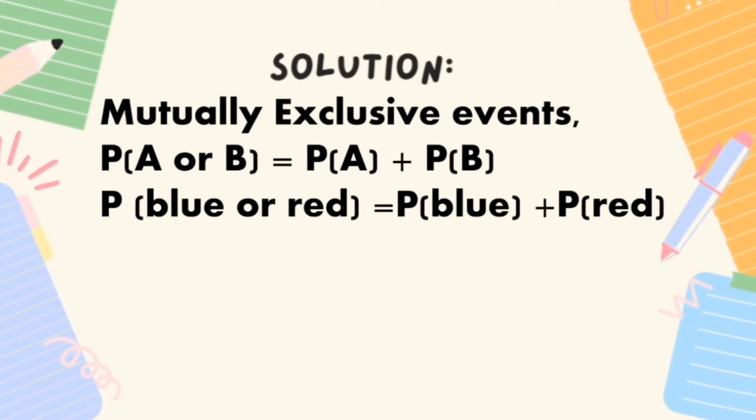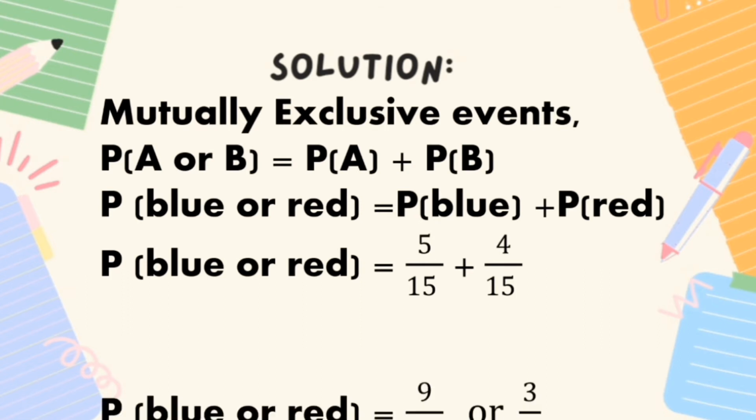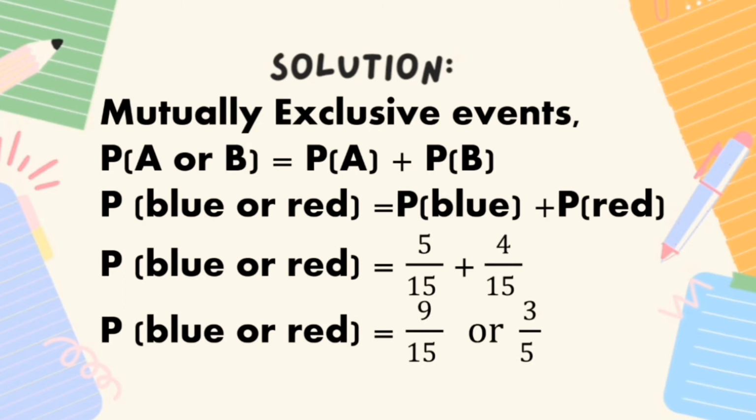That is equal to the probability of having a blue shirt plus the probability of having a red shirt. There is a total of 15 shirts, and from these shirts, there are 5 blue shirts and 4 red shirts. So we have 5 over 15 plus 4 over 15 is equal to 9 over 15 or 3 over 5.